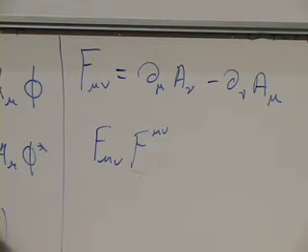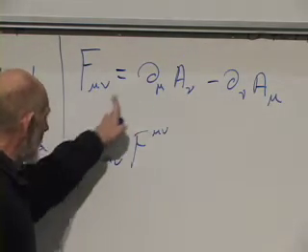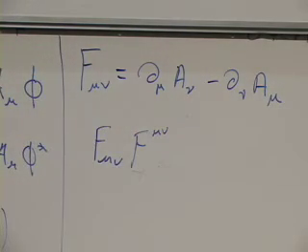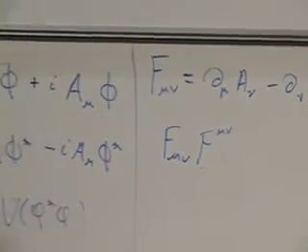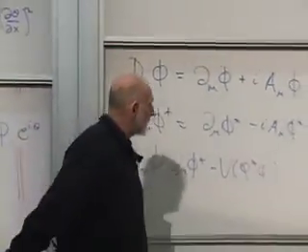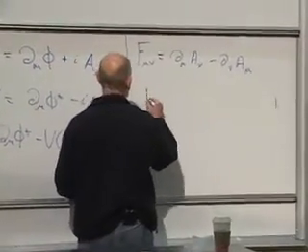The energy is E squared plus B squared. But the important thing is that the Lagrangian for the electromagnetic field involves nothing but F mu nu itself. How about F mu nu? Is F mu nu gauge invariant? Let's check it. To find out, we have to calculate F mu nu prime.